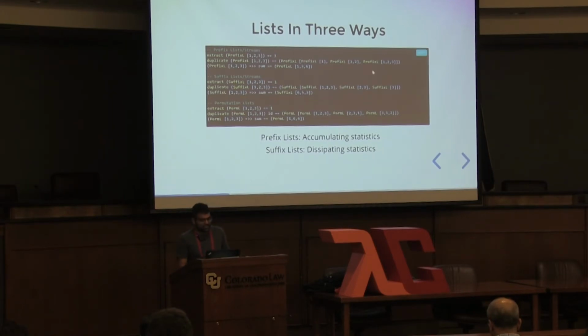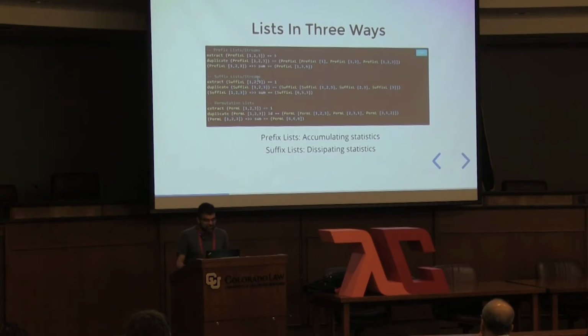And suffix lists are the opposite, where extract gives you the first element of the list and duplicate gives you all the suffixes. So for example, a prefix list duplicate on 1, 2, 3 will give you the list of list 1, list 1, 2, and list 1, 2, 3.